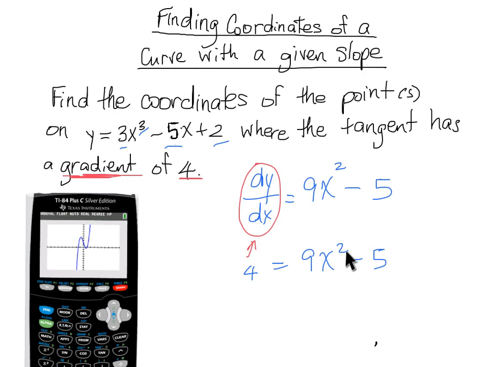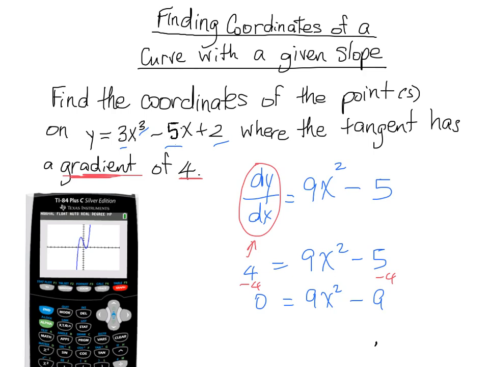And as you can see, there is a square here, which means that this is a quadratic equation. So when solving a quadratic equation, a great first step is to make our equation equal to 0. So I'm going to subtract 4 from both sides, and we get here that 0 is equal to 9x squared minus 9.